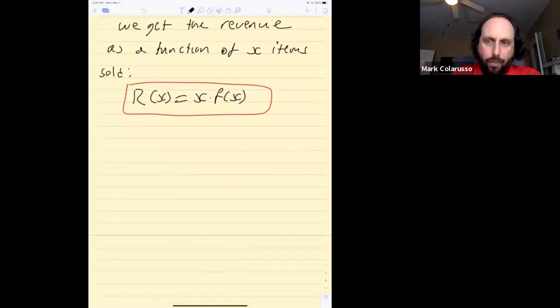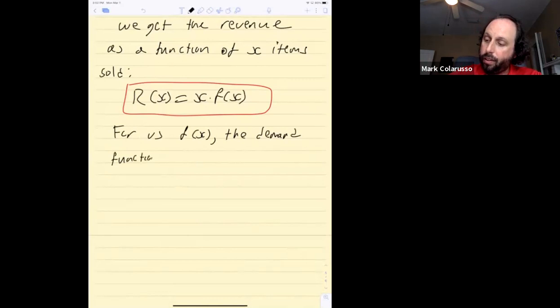They can have very complicated models for the demand function, but for us, f of x, the demand function, will always be a linear function.